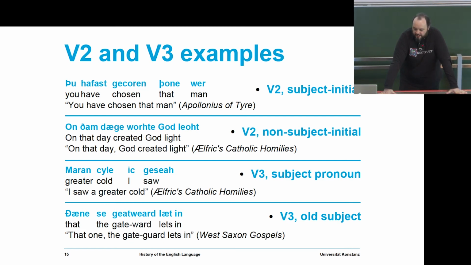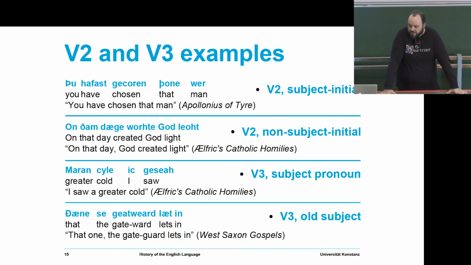So on that day, on tham day, is a constituent. It's a three-word constituent, a prepositional phrase. And because that constituent is in first position, the subject and the verb have to invert. So we've got on tham day, wachte God leocht. On that day created God light.